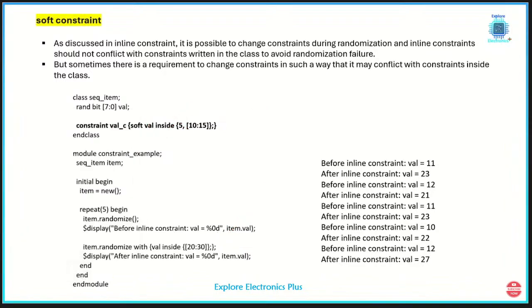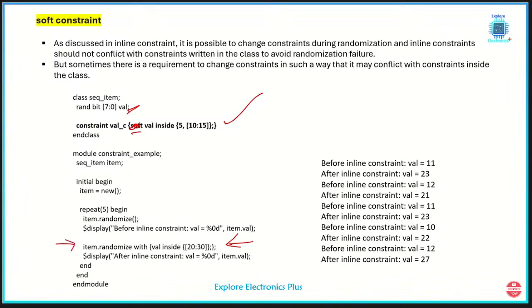Why is it written as soft? Suppose you don't write soft, we are telling the randomizer or the simulator to stick to this rule while randomizing the value. And again you want a facility to change that randomization constraint inline while doing the randomization.